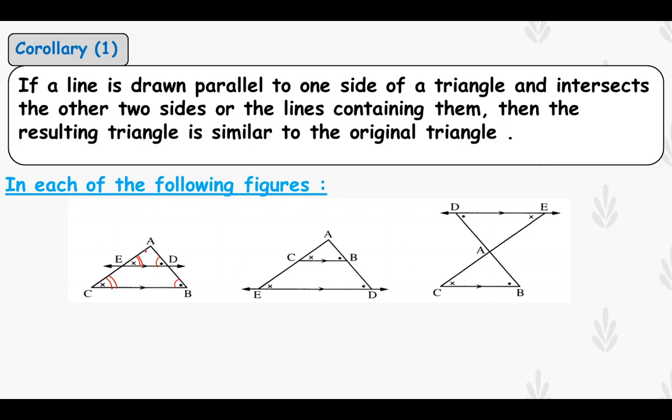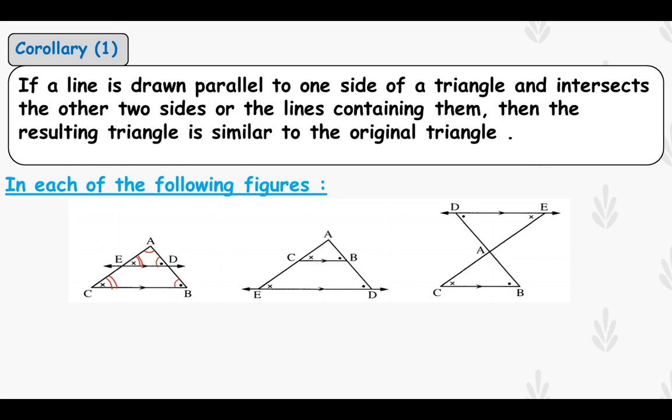And also we know that angle A is a common angle in both triangles. So we can write that triangle AED is similar to triangle ACB. Okay?